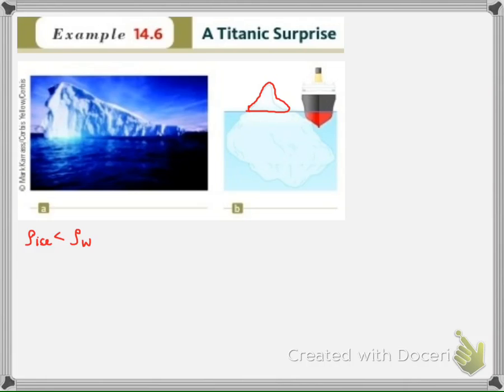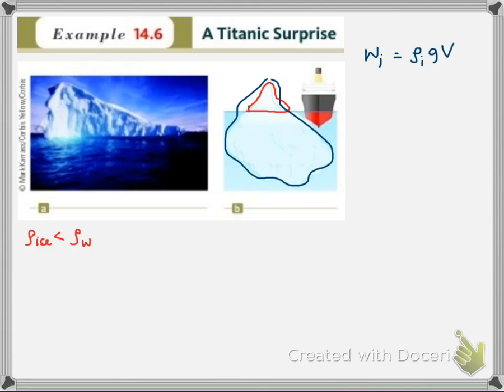the weight of this iceberg is equal to the density of the iceberg times the gravitational acceleration times the total volume of the iceberg.